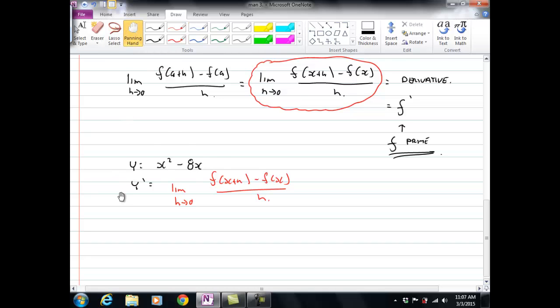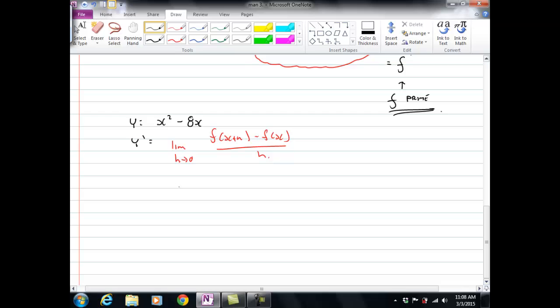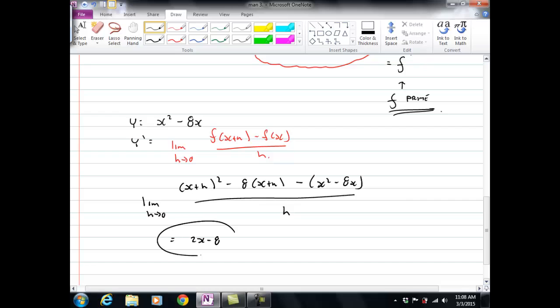If I plug it in and figure it out, I'm not going to do all the steps, but you should have x plus h all squared minus 8 times x plus h minus x squared minus 8x over h. Limit as h approaches 0, which should give you 2x minus 8.